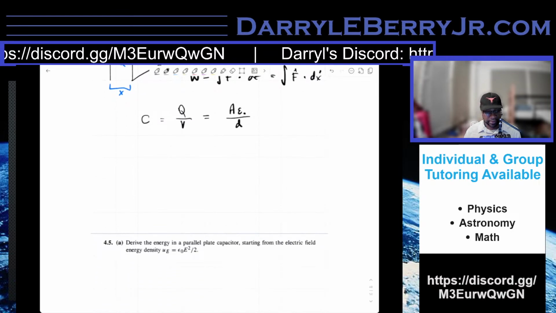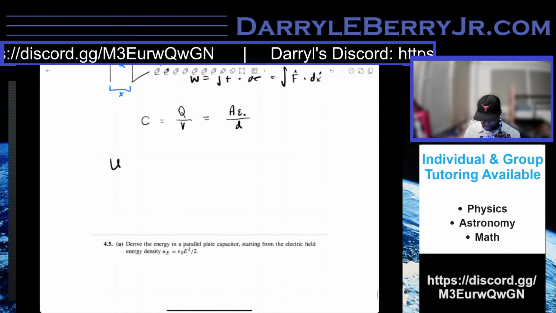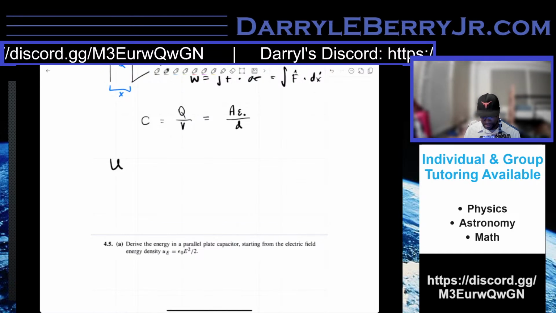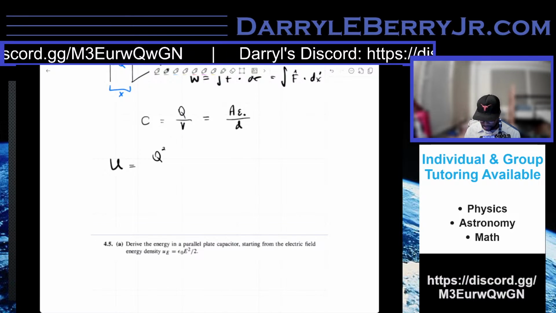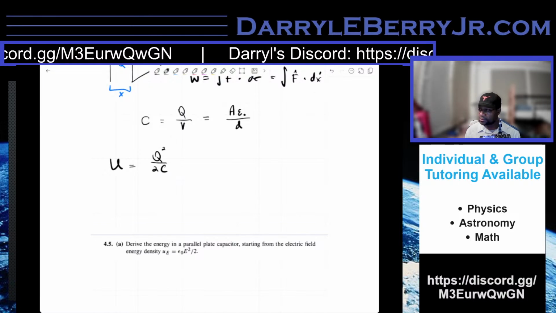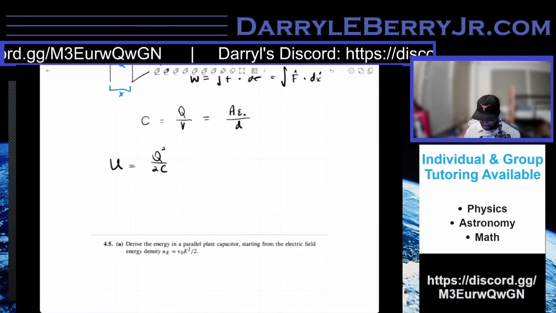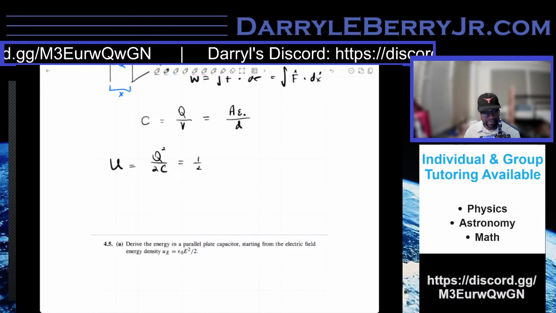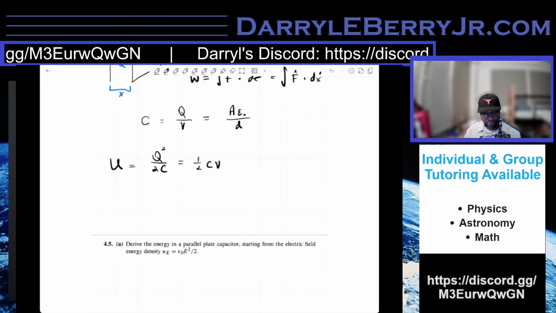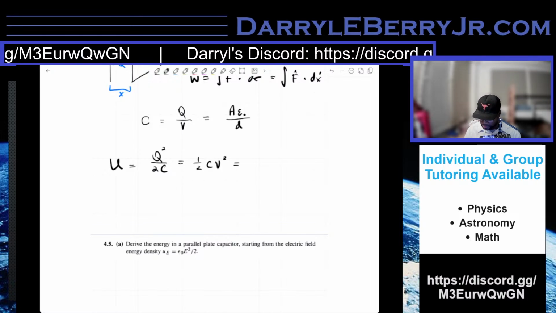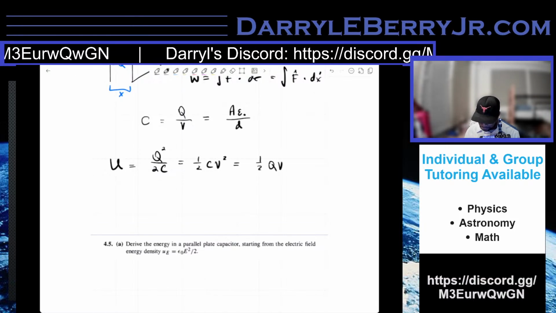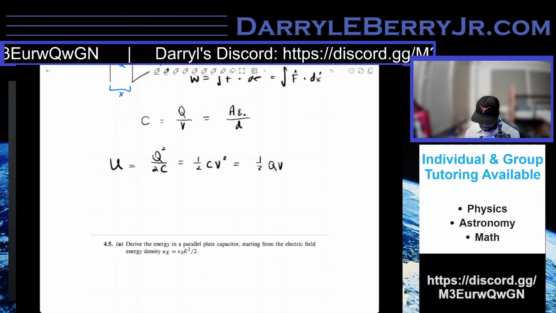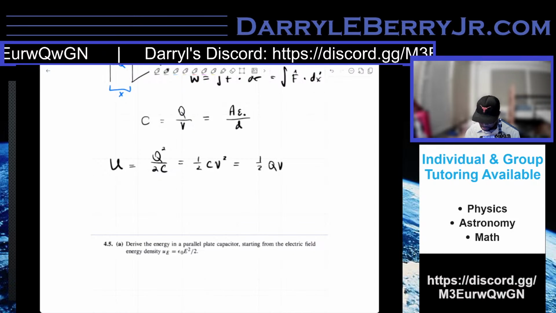So the equation for the internal energy of a parallel plate capacitor: U equals Q squared over 2C, which equals 1/2 CV squared, which equals 1/2 QV. Let me see if I remembered that correctly.